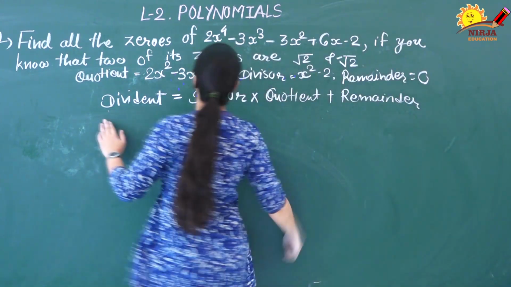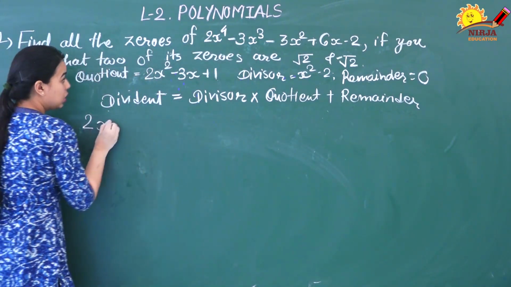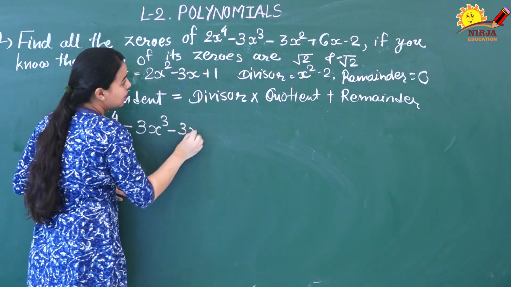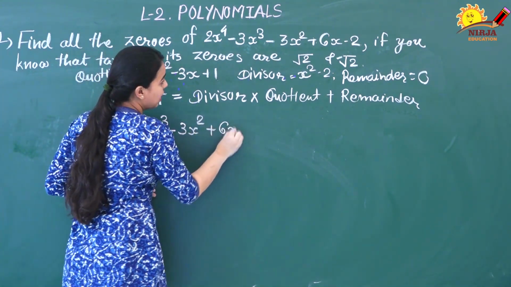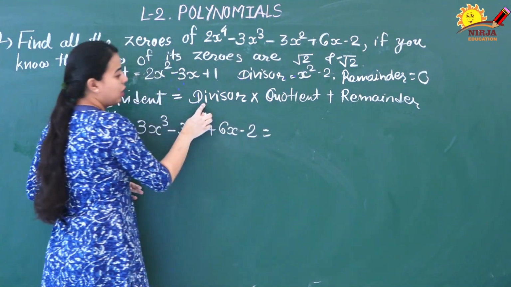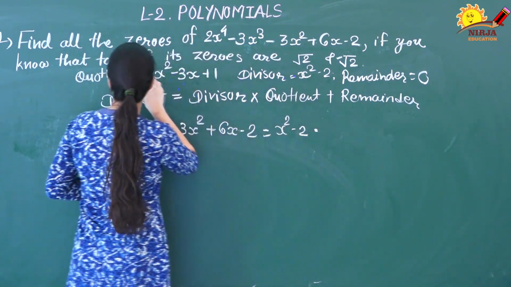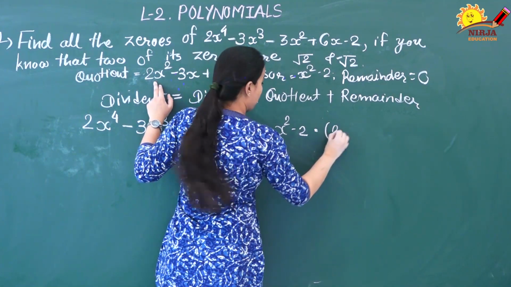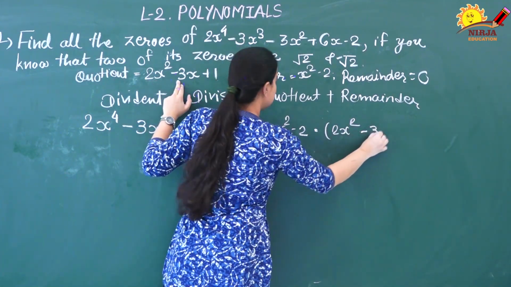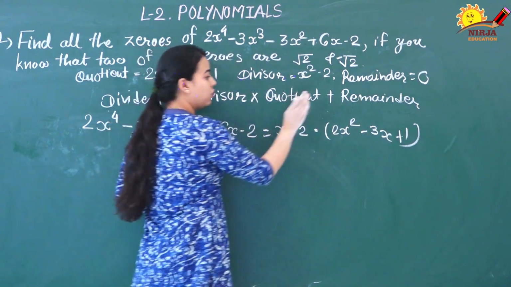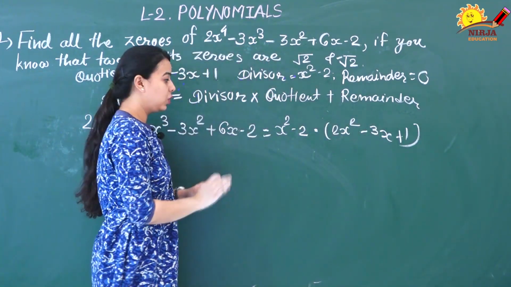Here our dividend is 2x raised to 4 minus 3x cube minus 3x square plus 6x minus 2. The divisor is x square minus 2 multiplied by the quotient 2x square minus 3x plus 1, and our remainder is 0, so if we do not add it, that is also okay.